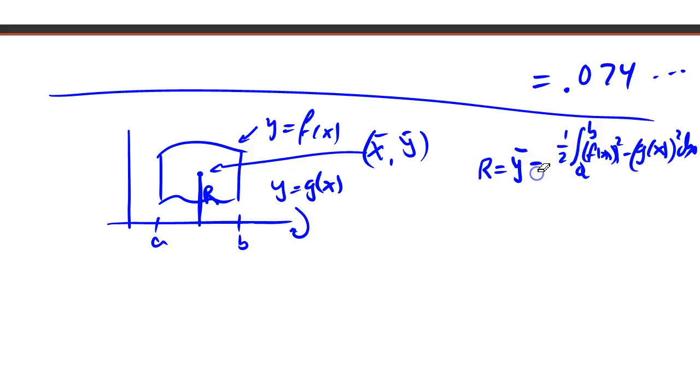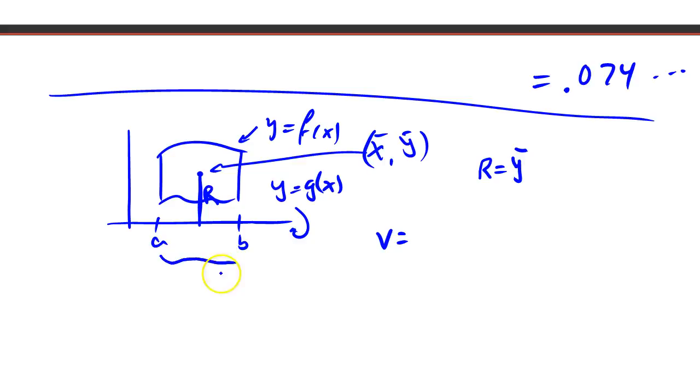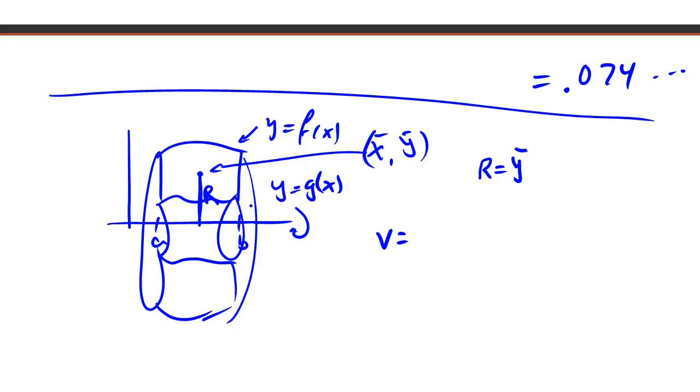I'm just going to say it's equal to y bar. I have another way of calculating y bar, because look, the volume of this thing, we're doing this by the washer method. Each little rectangle gets rotated around to generate a washer.